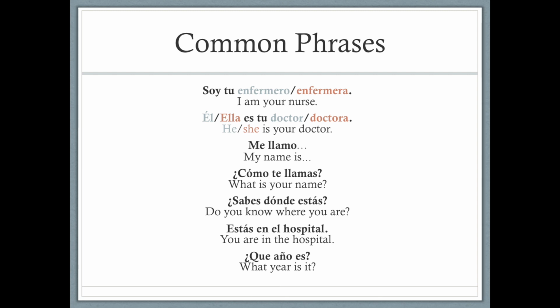llamarse is conjugated to the yo form, llamo, and the se converts to me because the verb is referring back to itself, back to the subject. So, me llamo. And in the ¿Cómo te llamas? It is in the tú form.